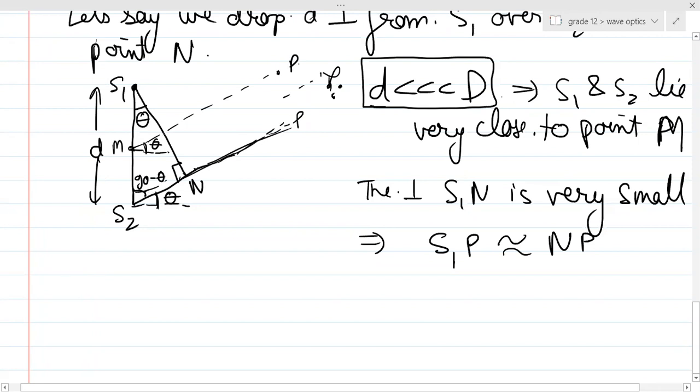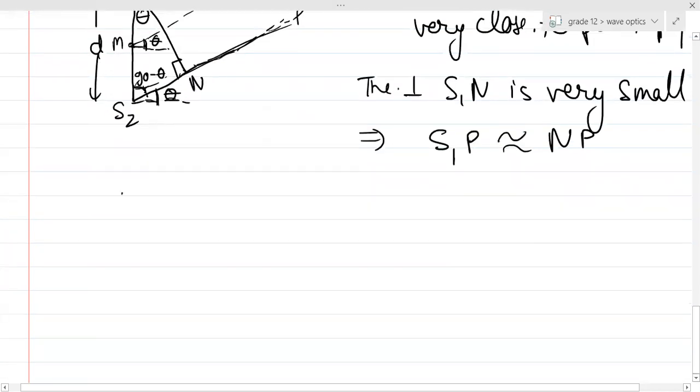Understood, guys? If you have assumed that point P is far away, then you will get almost parallel lines. So guys, we all can see there is one more triangle which was formed over here: S1, S2, N, the perpendicular, and this distance is small.